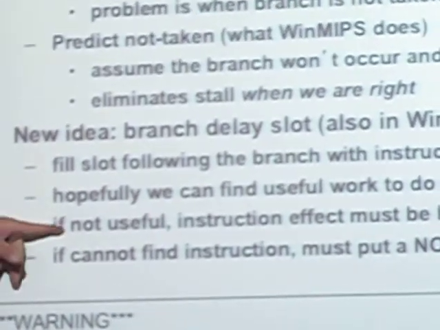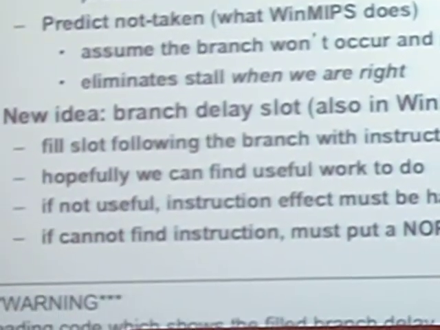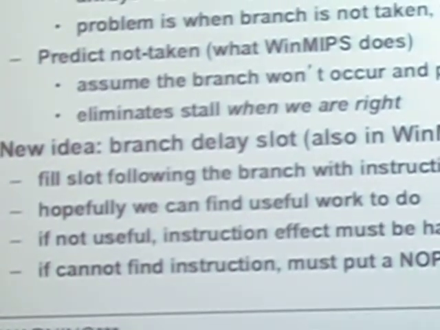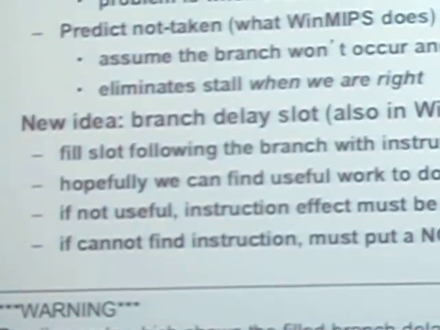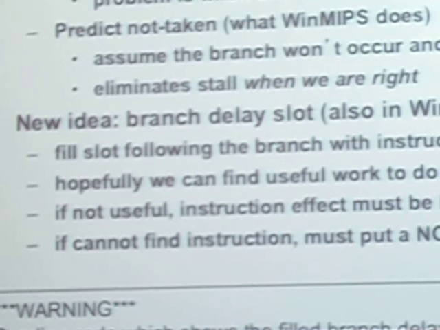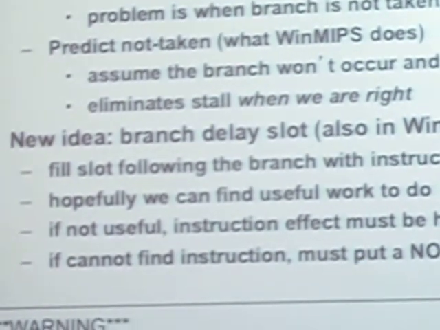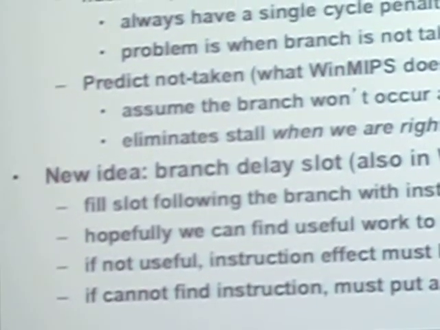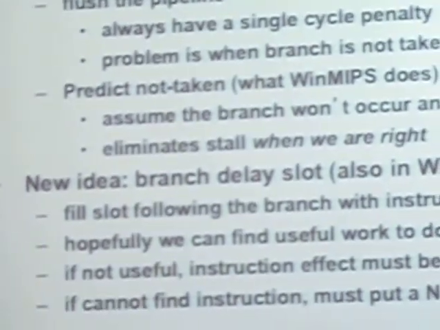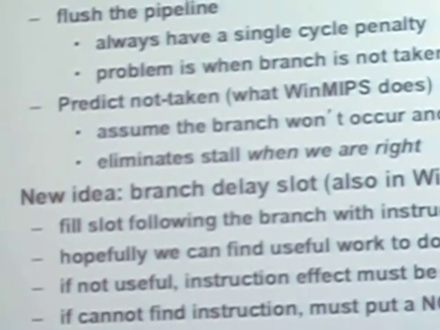If we can't find useful work, the instruction that we put there has to be either completely harmless or at least undoable. If it executes and does something we don't want, we should be able to undo it. And if we can't find any instruction at all, then we have to put some kind of a no-op there.